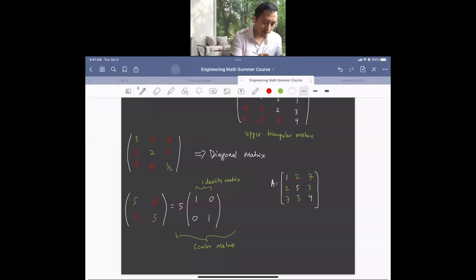If we take the transpose, this becomes 1, 2, 7, 2, 5, 3, and 7, 3, 4. It's the same. The transpose is the same. We call this property symmetric. So matrix A is symmetric because A is the same as its transpose. So that's just introductions.